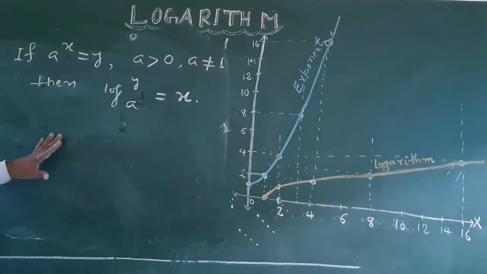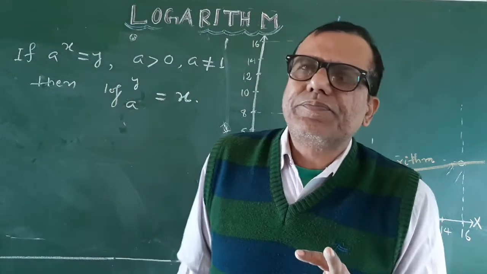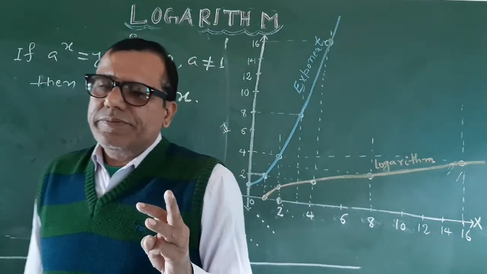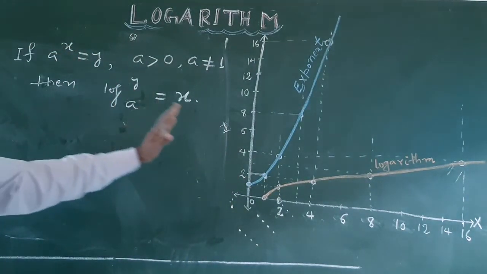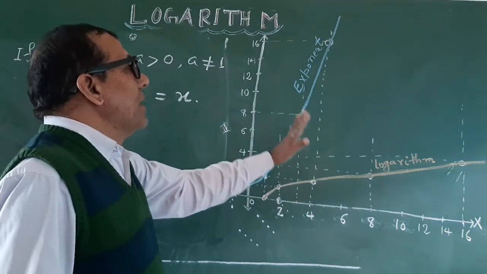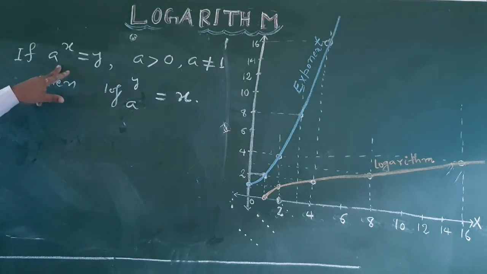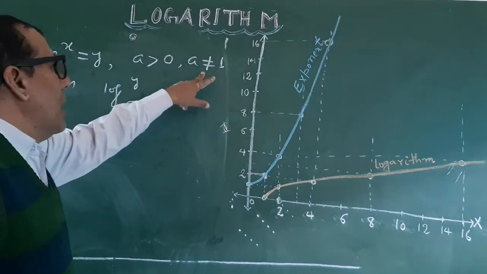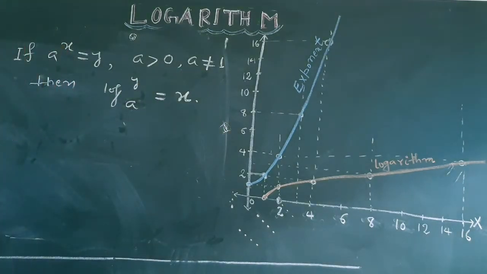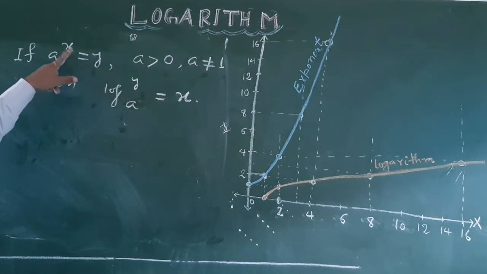Here I am going to discuss 3 points. Very first, what is logarithm? Logarithm, in a very simple word, is the inverse function of exponent. As you observe here, a to the power x equals y, a greater than 0 and a not equal to 1, then log y base a equals x.